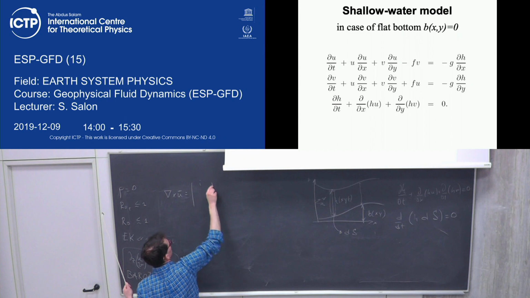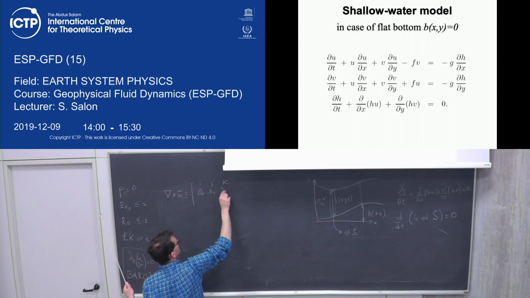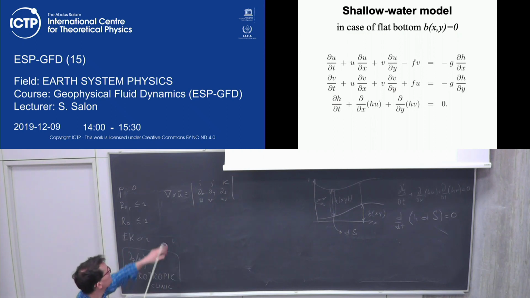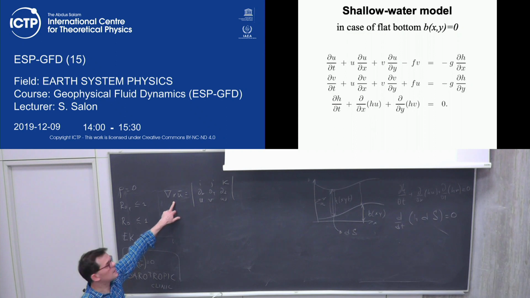You remember you can calculate vorticity by making the vectorial product between the differential operator and the velocity.